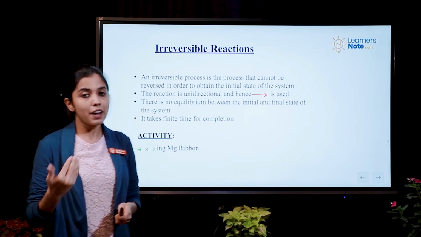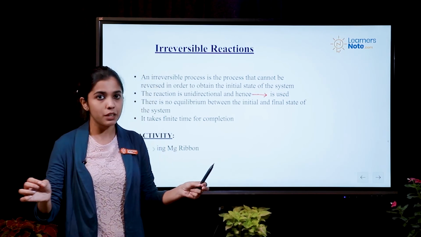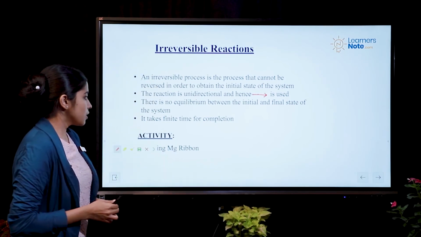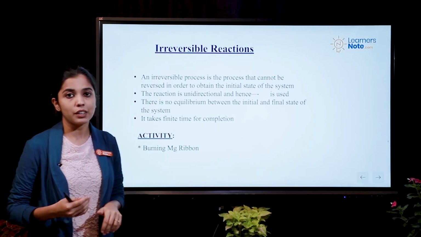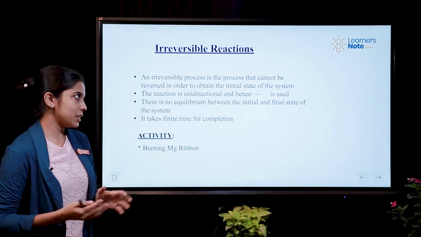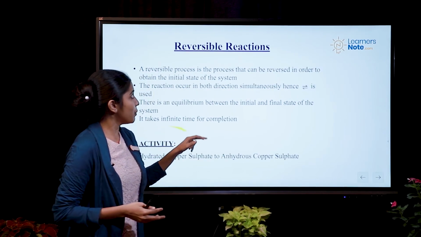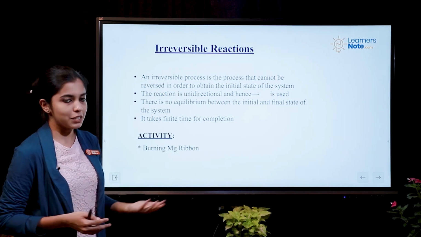Okay, and it takes finite time. That is, within a specific time period, you will get the product. So for irreversible reaction, you can maybe talk about cooking of food or respiration. All those processes are irreversible reactions. And we have an activity for reversible reaction and irreversible reaction, which we will see later.